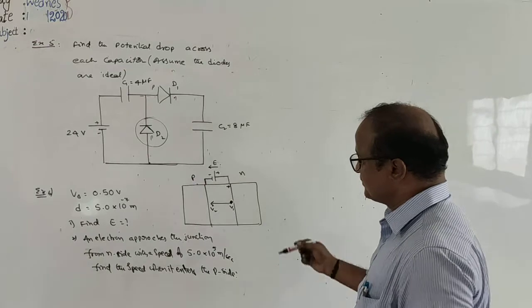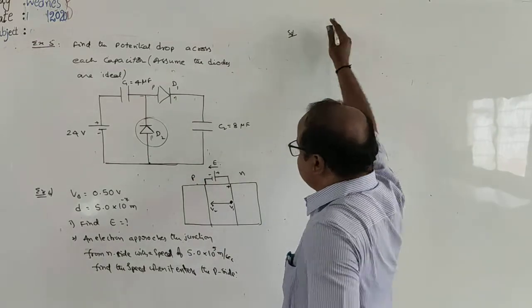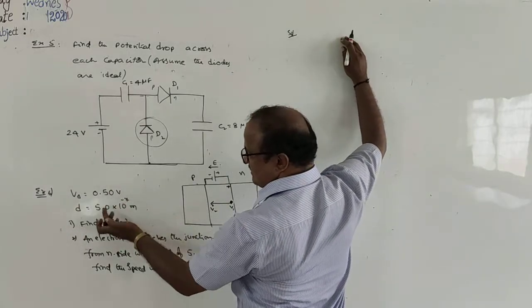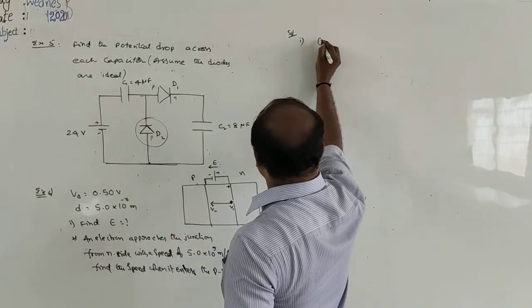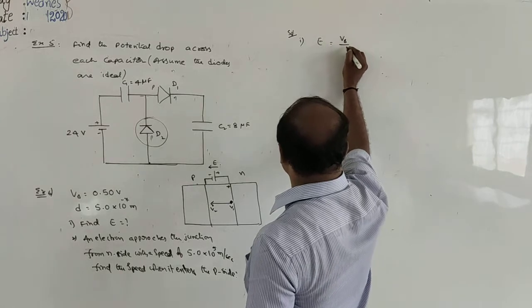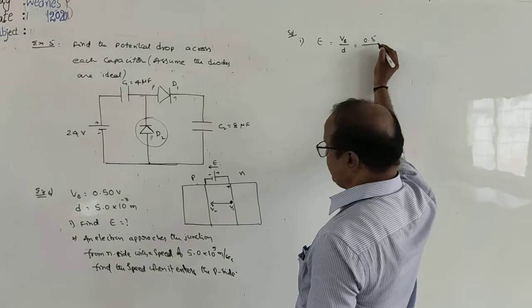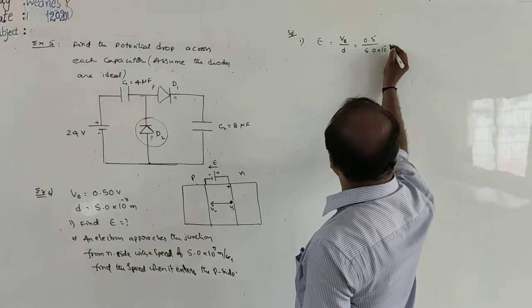So mind friends, this is the situation. Solution: given barrier potential 0.5 volts, thickness is equal to 5 into 10 power minus 7 meters. So the first one is the electric field intensity inside the depletion layer, E is equal to VB by D. VB is 0.5, D is equal to 5.0 into 10 to the power minus 7.